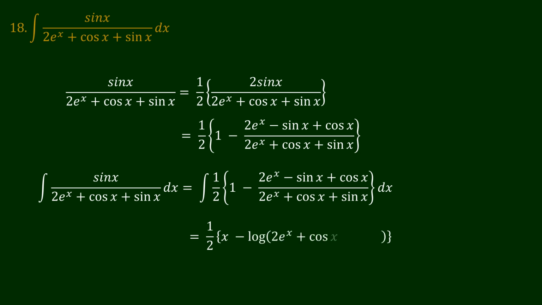So our integral now is a half into bracket x minus log of 2e to the power x plus cosine x plus sine x plus a constant. So that is our answer. This is our answer. And that marks the end of integral of trigonometric functions.